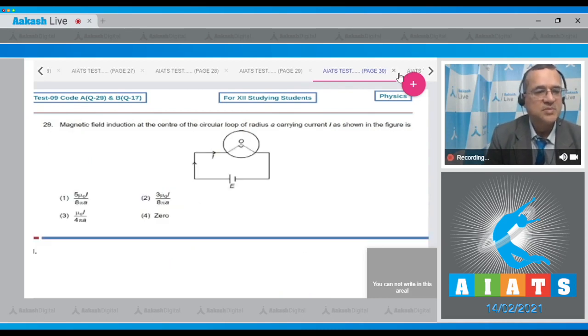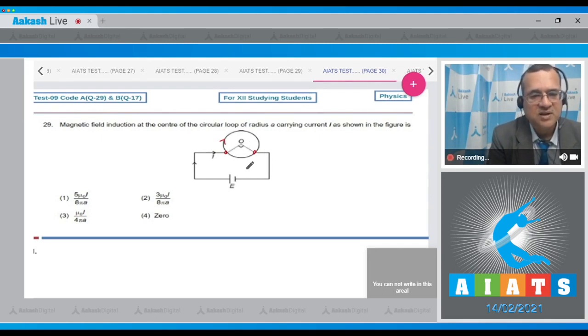Question number 29: the magnetic field induction at the center of the circular loop of radius A carrying current I is as shown in the figure. Now dear students, we consider this to be made of uniform area of cross section and homogeneous material. So when the current comes, it gets distributed into these two sections, and resistance is proportional to length.